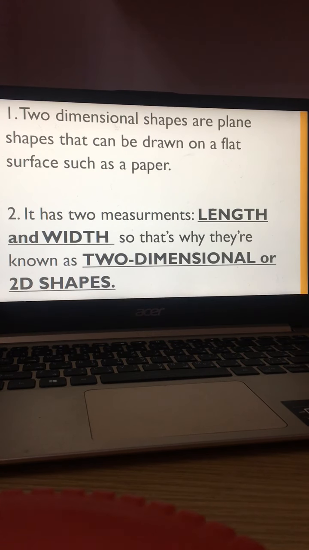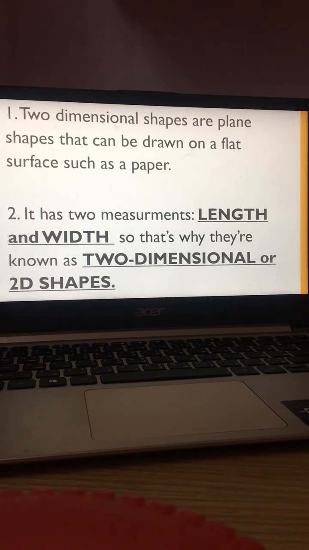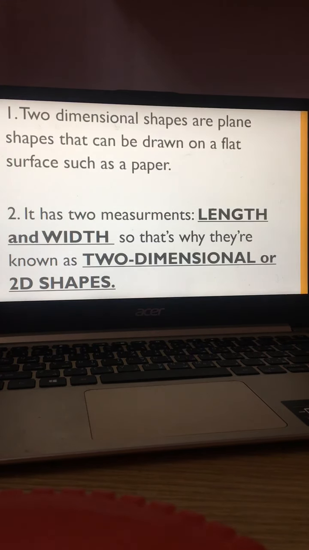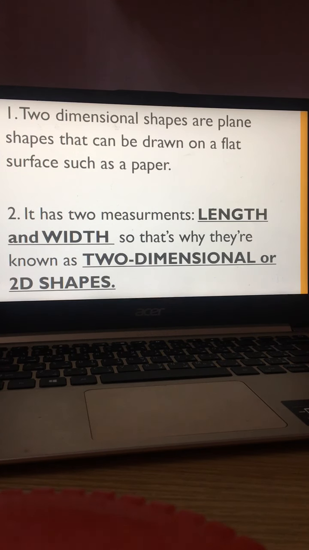The first is how we describe them: two-dimensional shapes are plane shapes that can be drawn on a flat surface such as a paper.